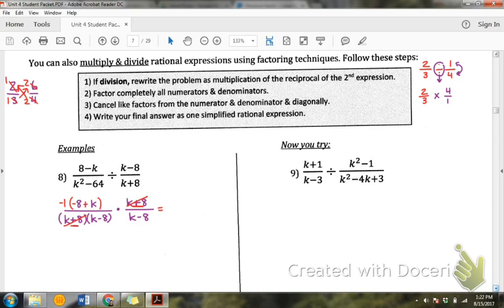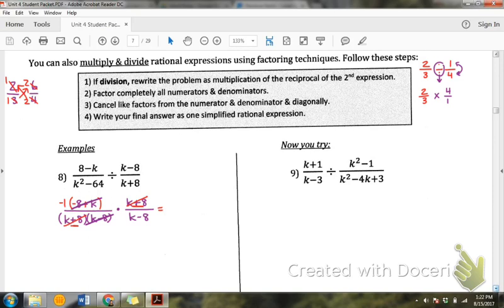Okay, so now I have a positive k and a -8. So now what do you do? I can cancel, right? This one, well, I can erase it out if I want to. This one with either one on the bottom, it doesn't matter, but only one of them. Okay? So now what's the only thing left in the numerator?